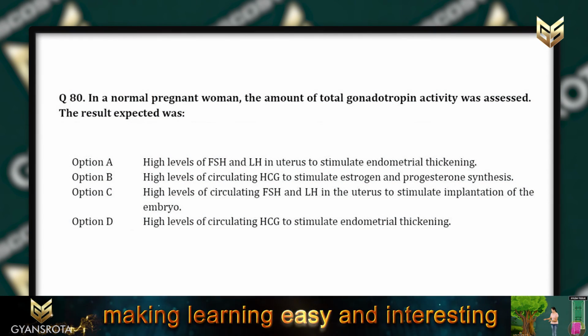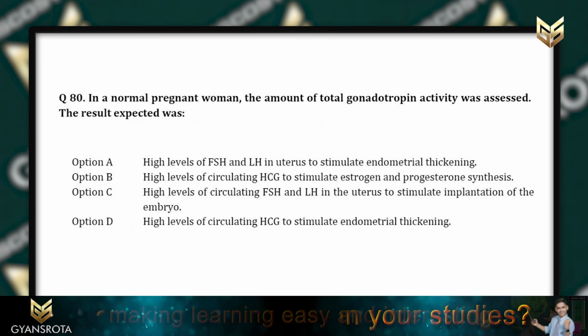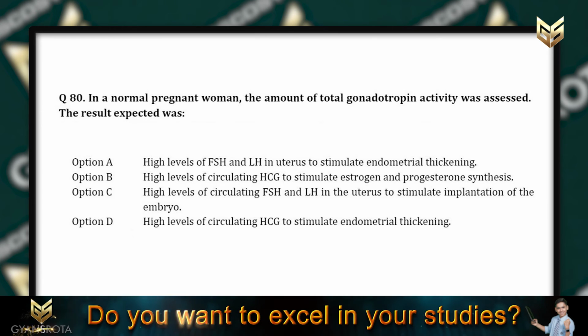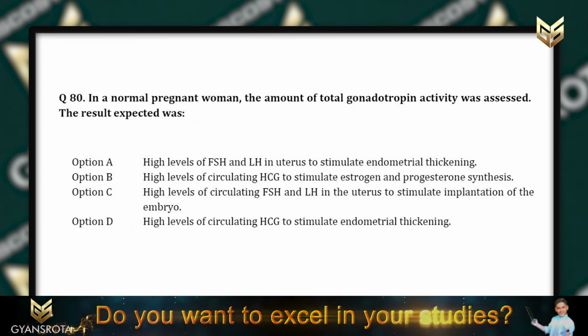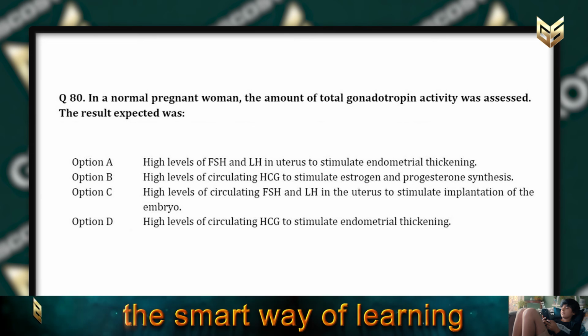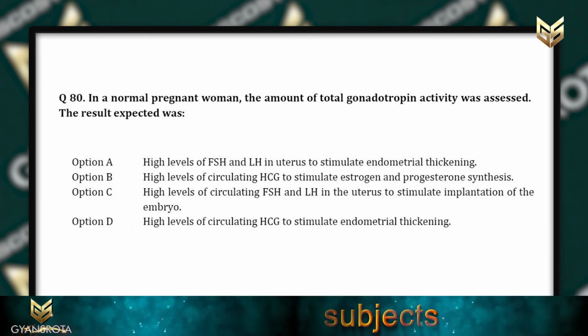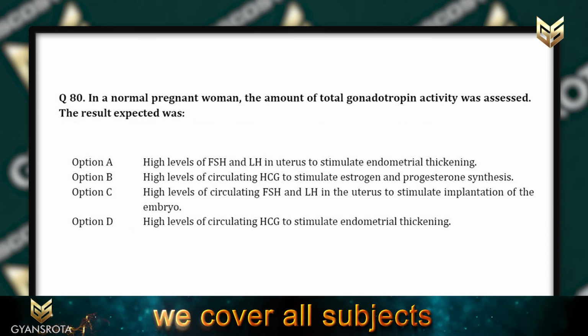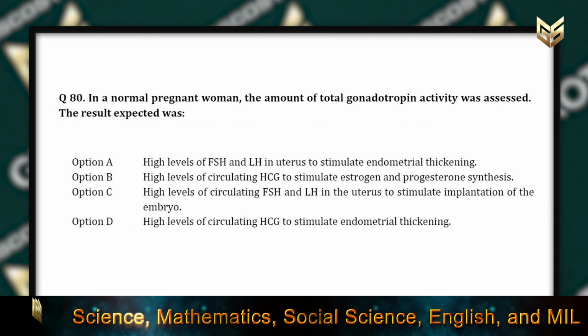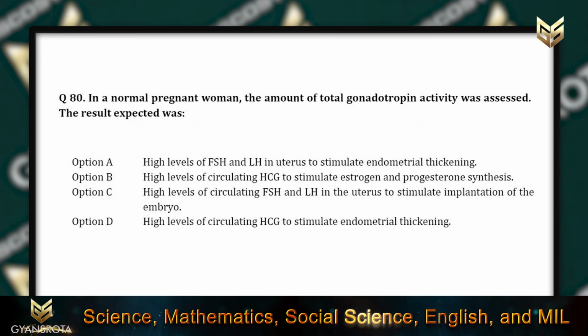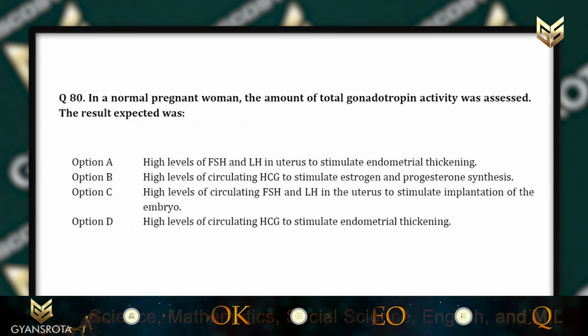In a normal pregnant woman, the amount of total gonadotropin activity was assessed. The result expected was option A, high levels of FSH and LH in uterus to stimulate endometrial thickening.